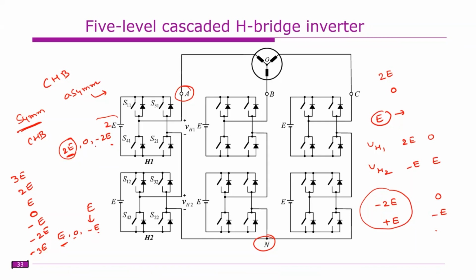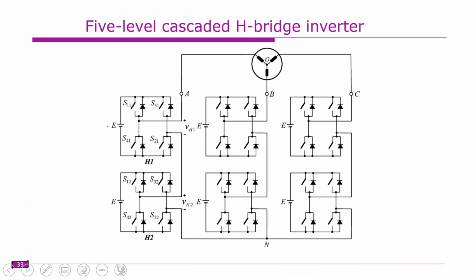So how many levels are you getting? 7 levels, right? With the same thing, I just changed it to 3E, and this is E only. So this produces 3E, 0, minus 3E, and this produces E, 0, minus E.